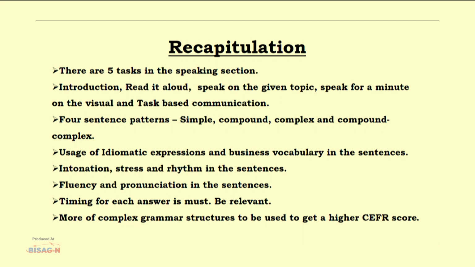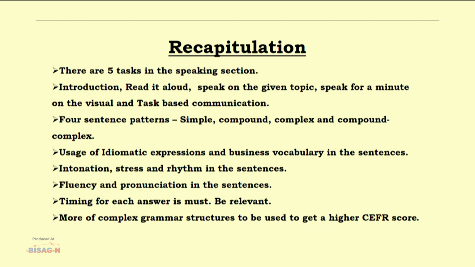Business vocabulary is a must when the candidate answers the questions in the speaking section. It is not mandatory that the candidate uses complete business vocabulary in the sentences, but to get a higher CEFR score, he or she can use business vocabulary in the sentences.